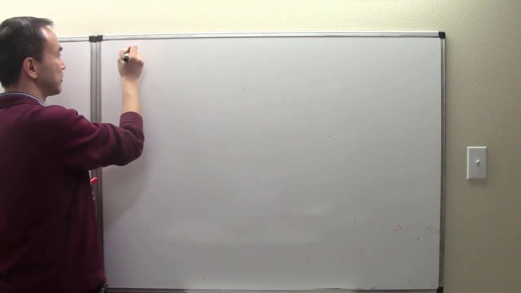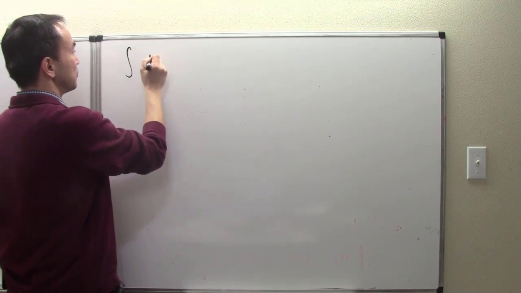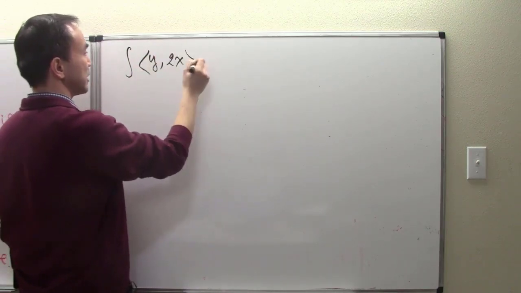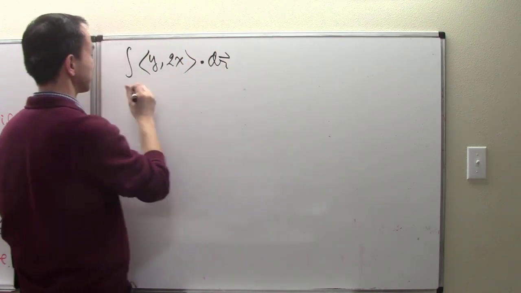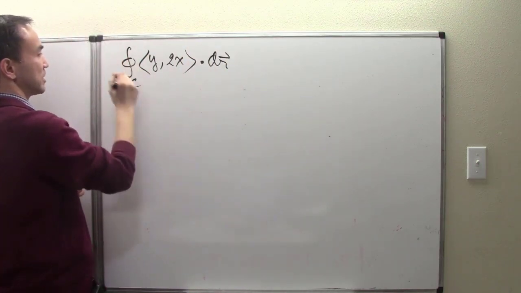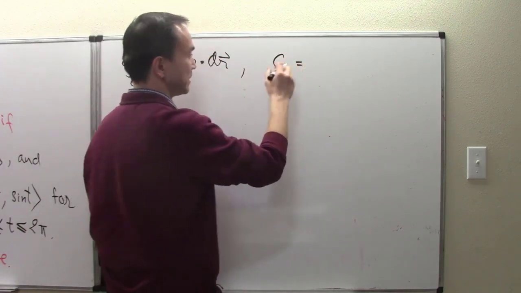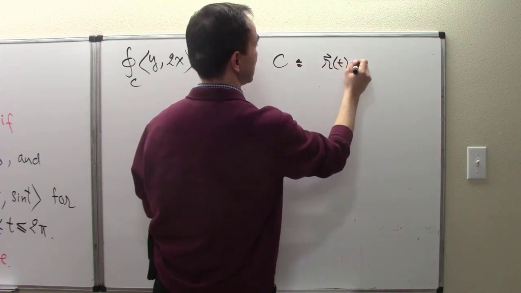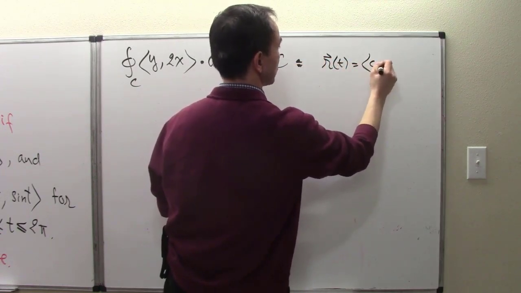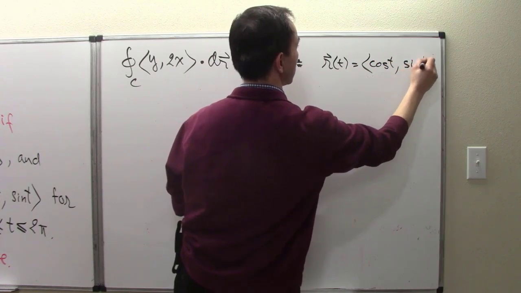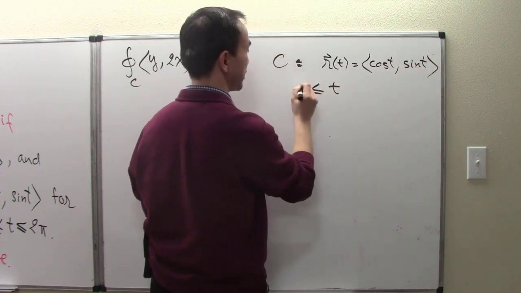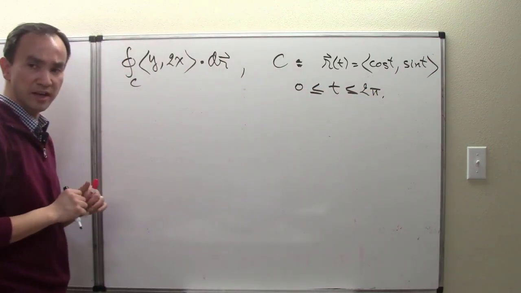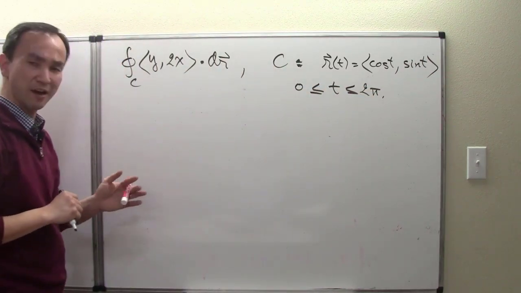So our vector field here is y comma 2x, and it's a line integral of the vector field along a closed curve where the curve C is parameterized by r of t equals cosine of t comma sine of t, and then t changing from 0 to 2 pi.